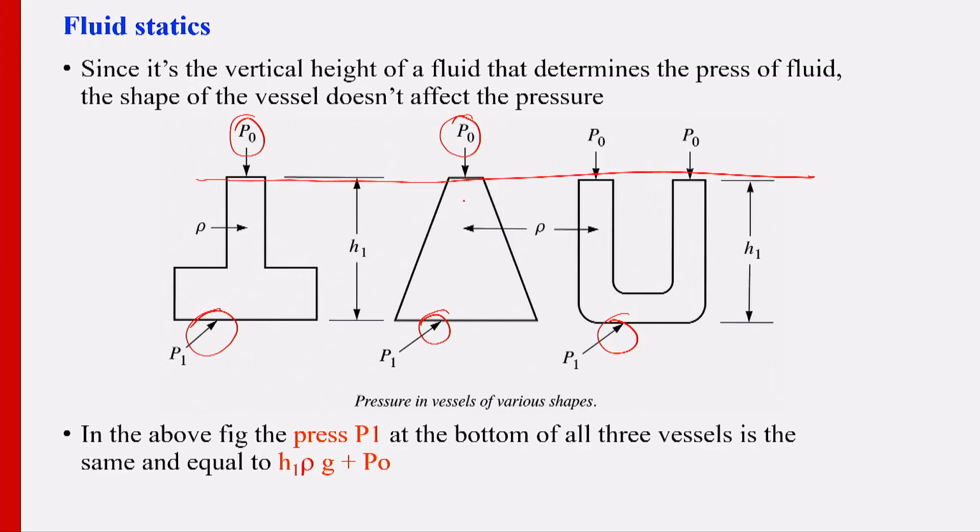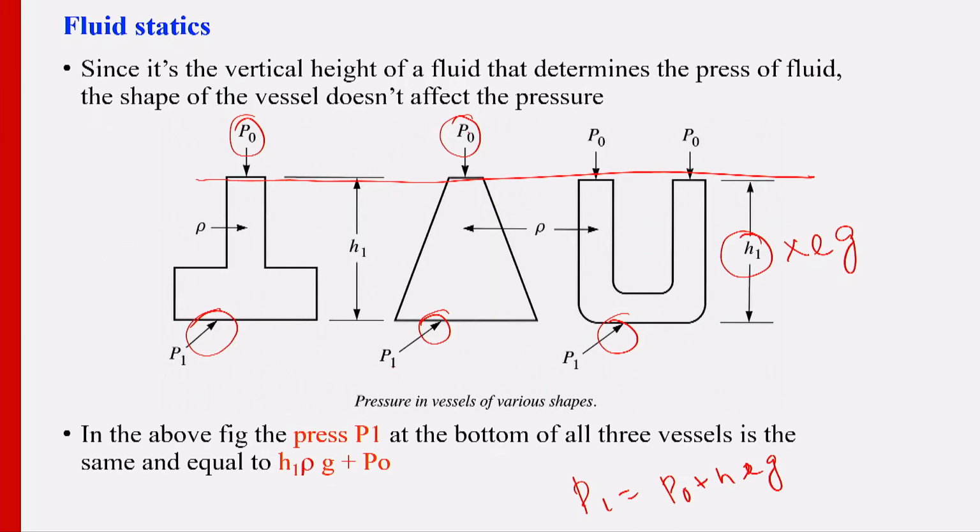If I want to calculate P1, then of course P0 plus H1 into rho g, this is called the total pressure. So P1 equal to P0 plus H rho g.